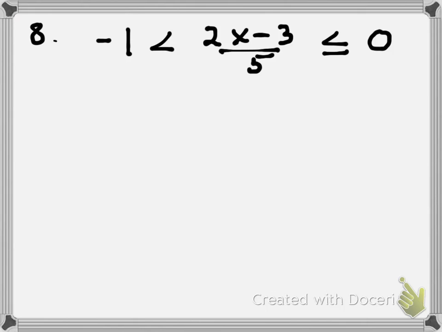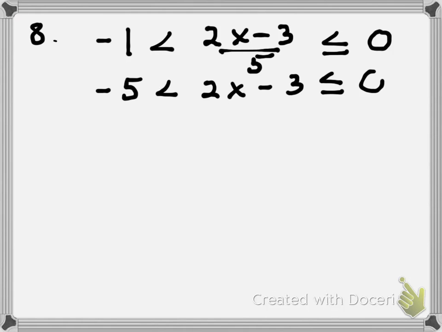Again, this is conjunctive. So what I want to do is clear the fraction first. So I'm going to multiply all three positions here by 5. So I'm getting a negative 5 is less than 2x minus 3 is less than or equal to 0. Negative 1 times 5, the middle fraction times 5, and 0 times 5.